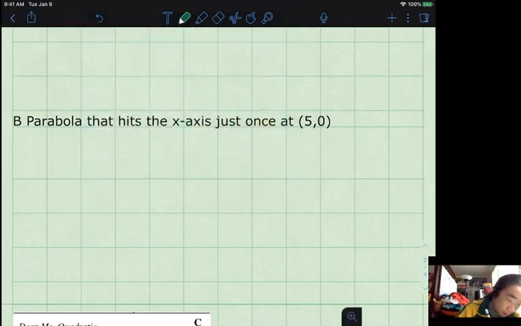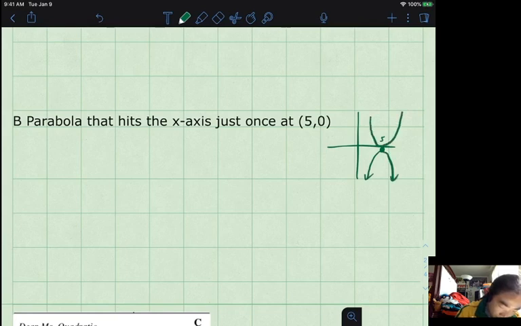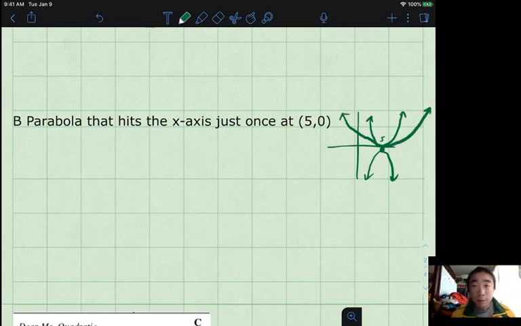But now, since your parabola hits the x-axis just once, at 5, it could still open downwards like this, or upwards like that. And then we can change the wideness. Maybe they wanted this specific parabola if we wanted to mess with a values.